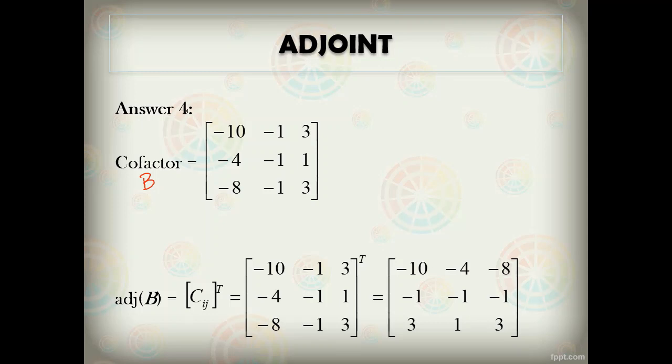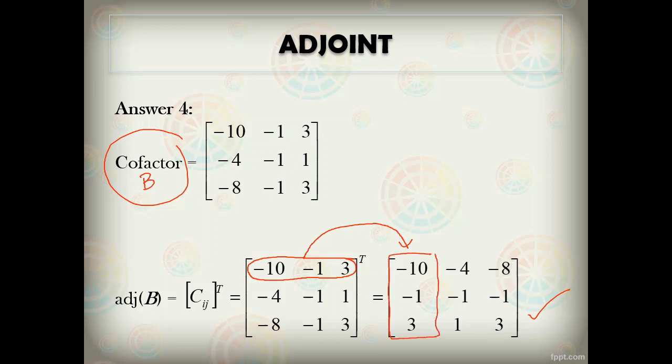So what is adjoint B? It is just the transpose of this cofactor. So you get this. When I transpose, the row must become the column.